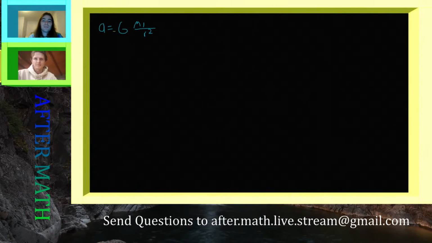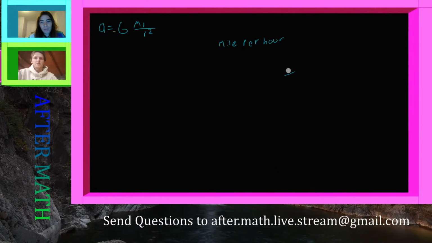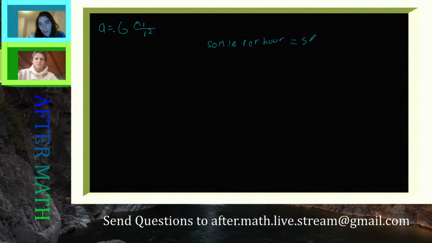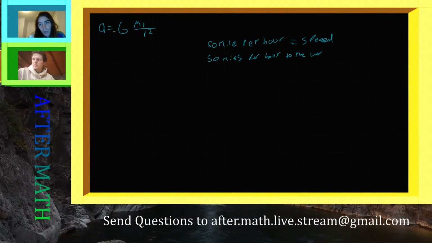When we talk about speed, you think of things like miles per hour. That's a speed. It doesn't have any direction associated with it. So if we're going 50 miles an hour, that's a speed. Now let's say that we're going 50 miles per hour to the west.